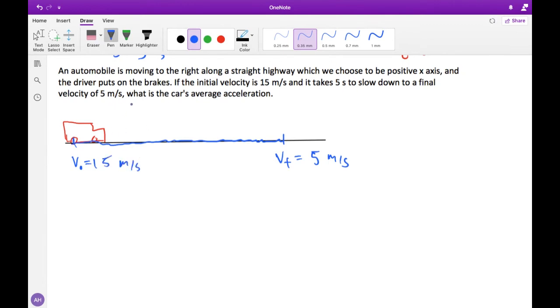The time it takes to slow down from 15 to 5, I guess we can call this T naught over here, is 5 seconds. So we can think about it like the initial time is 0 and the final time is 5, so it's like time total.